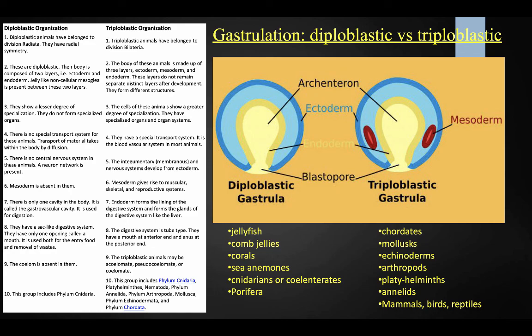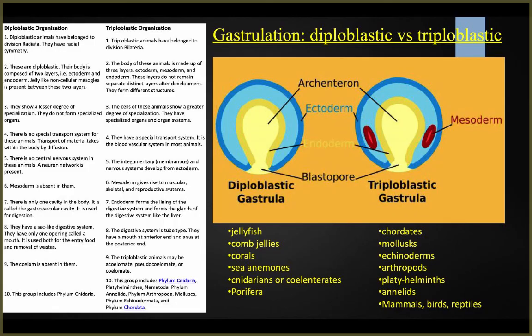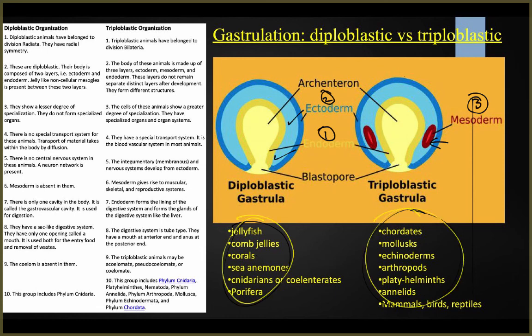This is what's known as triploblastic. A triploblastic gastrula has three germ layers: the endoderm, the ectoderm, and the mesoderm. If you're looking at the diploblastic gastrula, you'll notice it only has the ecto and the endo. It does not have the meso. And these are examples of organisms that are classified as each.